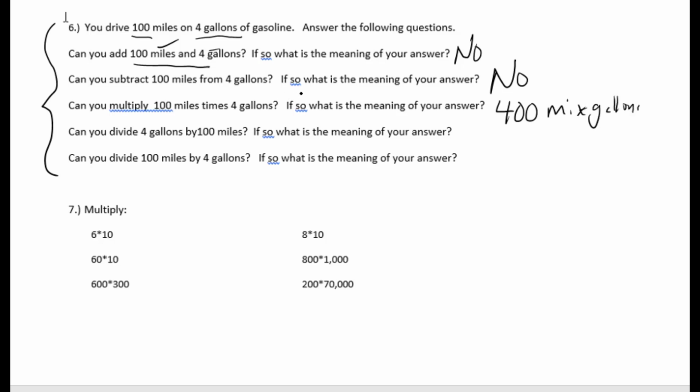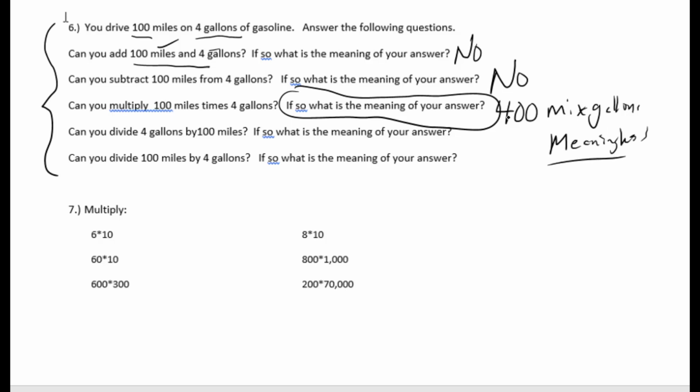And this is a lot of students, you didn't answer these. The meaning of my answer, it's meaningless. I have no idea what it means. So just because I can do it doesn't mean it makes any sense. Can you divide 4 by 100 miles? 4 gallons divided by 100 miles. Let me reduce this. That can be reduced to 1 over 25. 1 gallon per 25 miles.